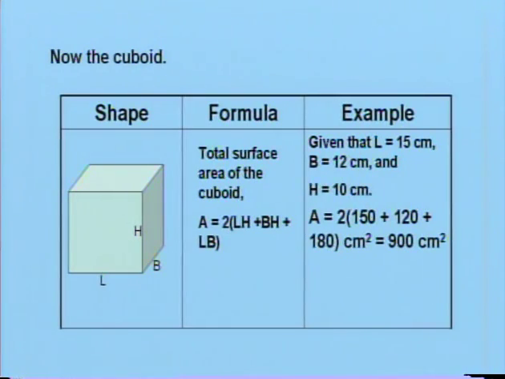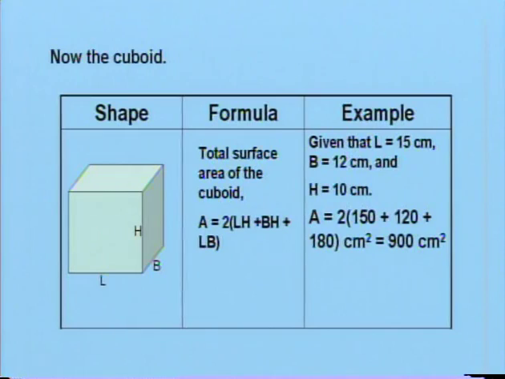Now, the formula for finding total surface area is A is equal to 2 into L times H plus B times H plus L times B. Now, multiplying LH will give us the area of the front face.